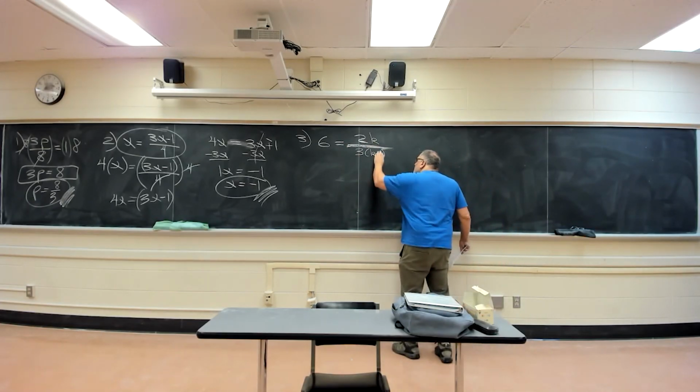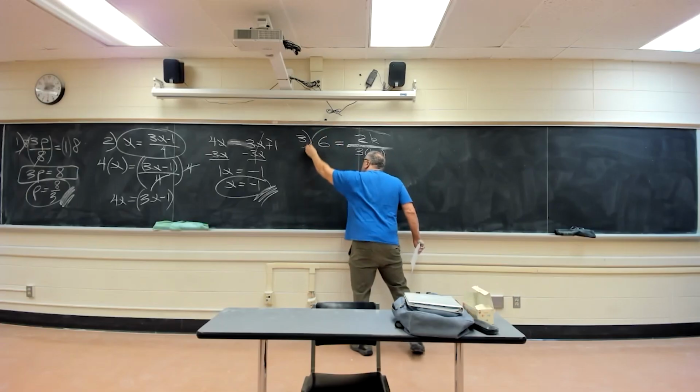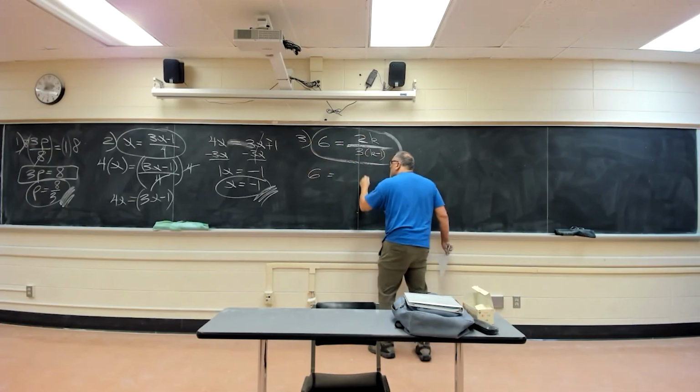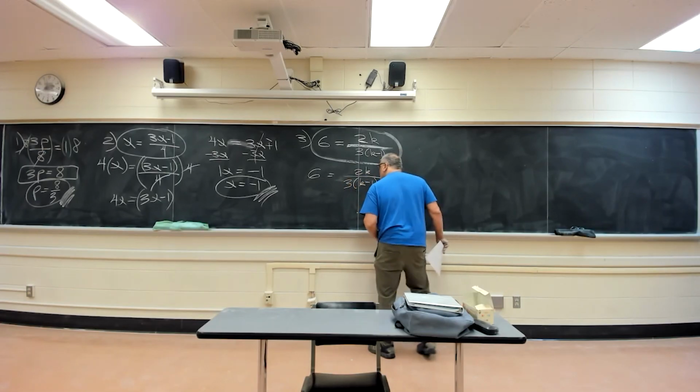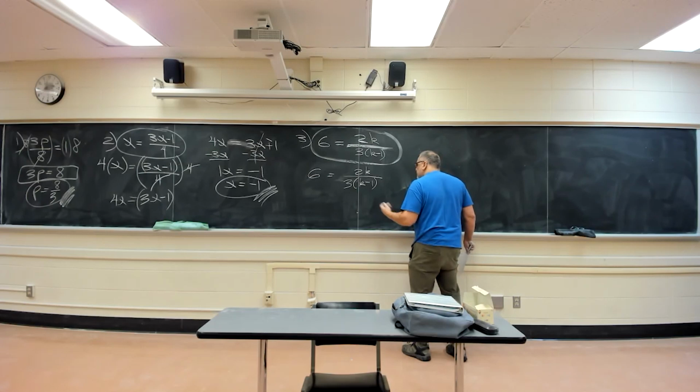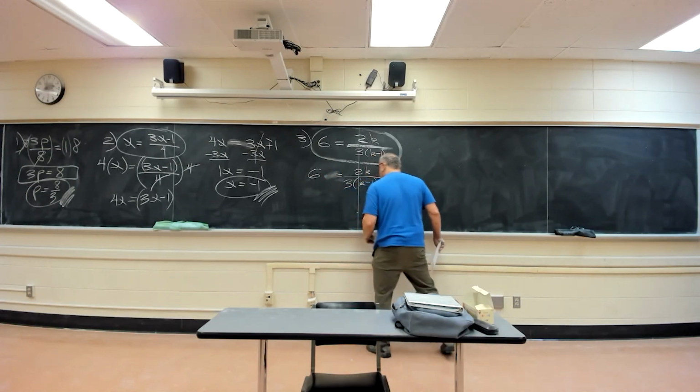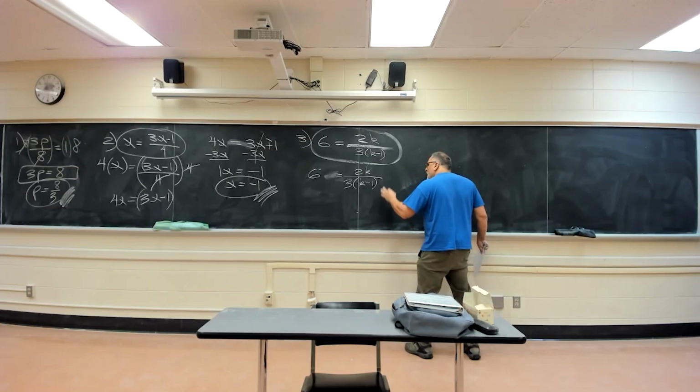Well, okay, sounds good to me. How are we going to solve that? You got 2k over 3k minus 1. A lot of ways to go here. Let's just try to give myself a little bit of room. You might see where I'm about to go. Let me get rid of this denominator. Let me multiply by 3 times the quantity, k minus 1.